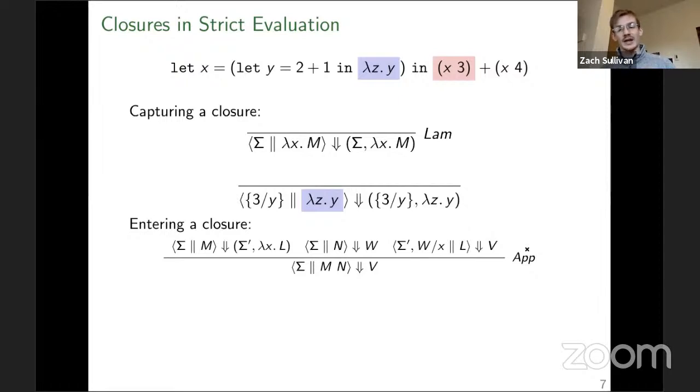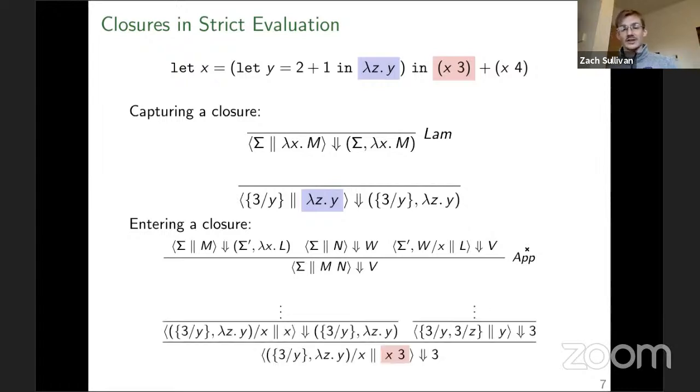It takes the environment out of the closure and adds a formal parameter before evaluating the body. And in our example, we have the closure of the code lambda z y, and y bound to 3. And then when we enter the closure, we have the old environment from the closure and the formal parameter.